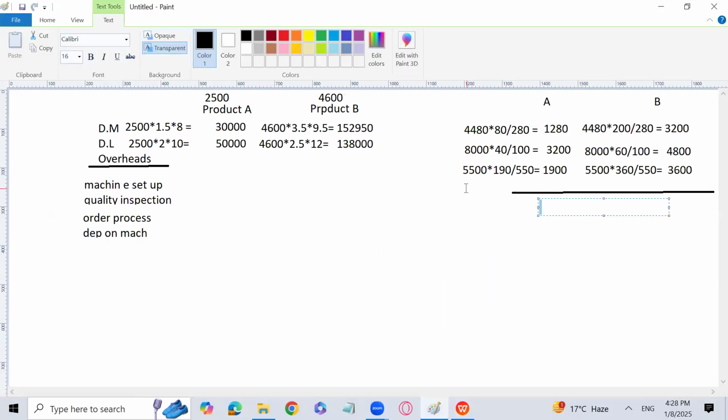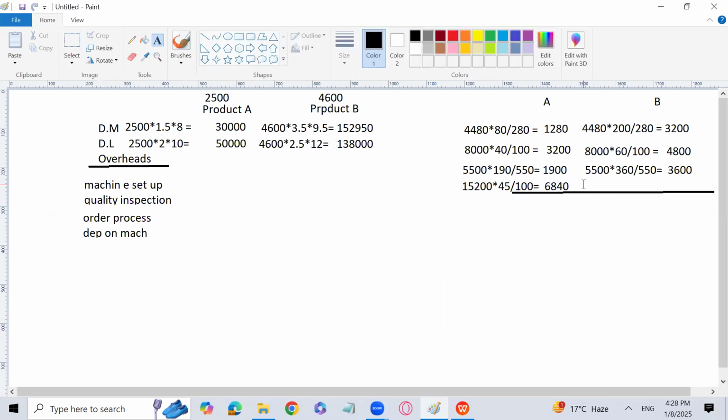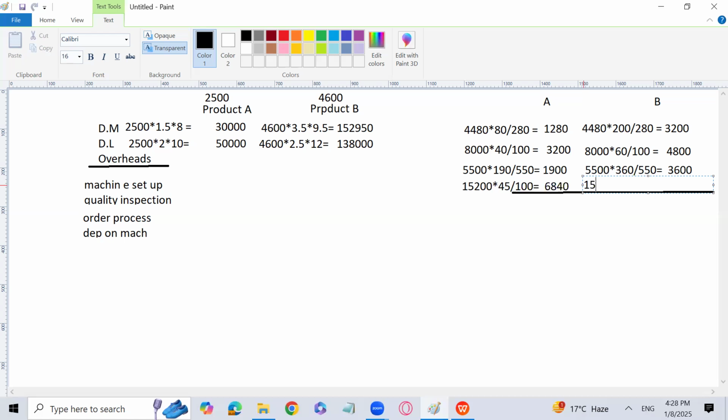So I will write here 15,200 divided by 1 lakh, multiplied by 45 over 100. One and the same thing. 6,840. I have cancelled the 000, so it becomes rather easy to calculate the figure.